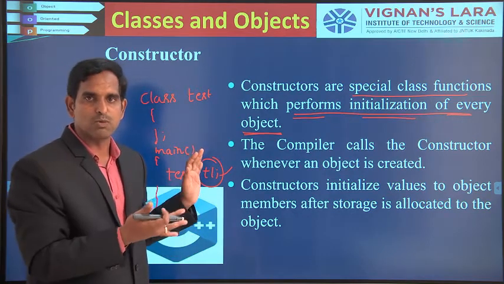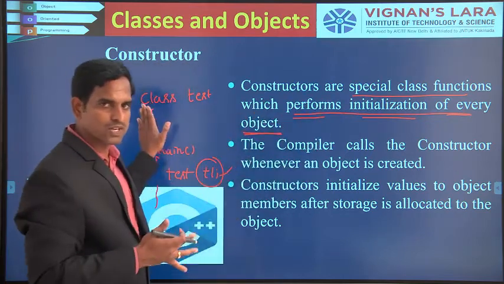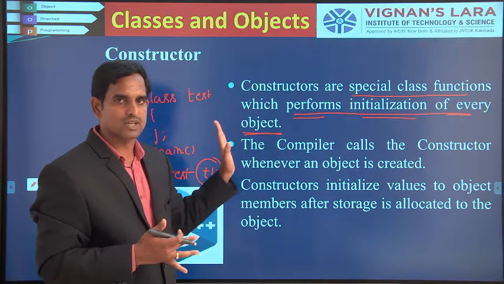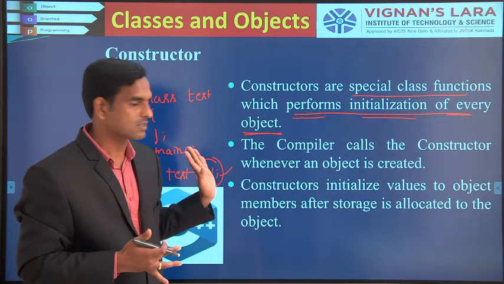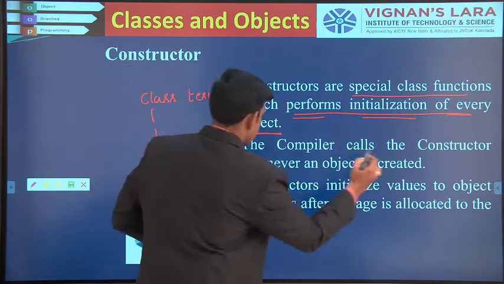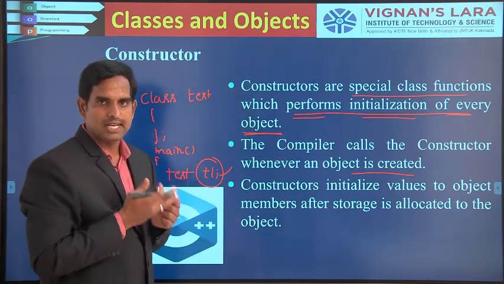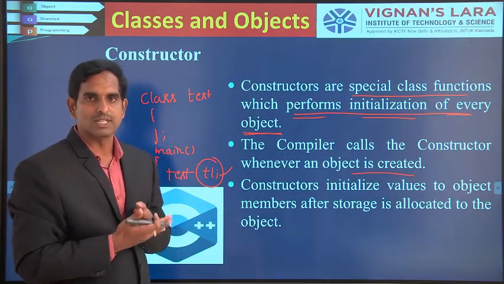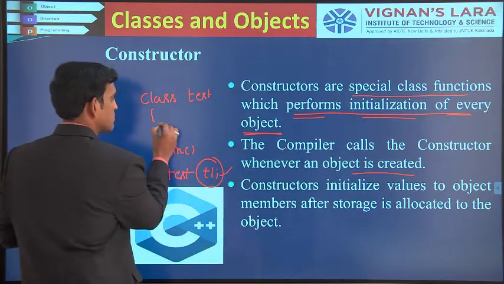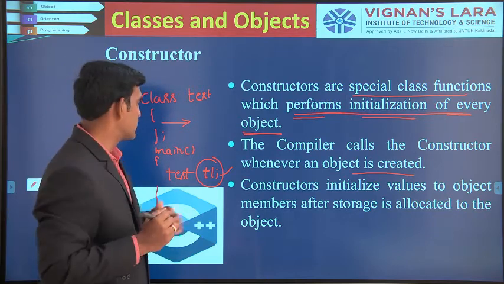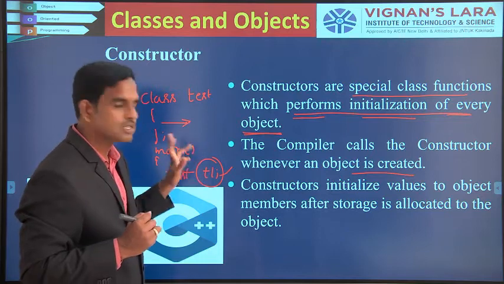You need not be concerned about too much complexity here. Just know that a constructor is a special class function that will initialize your object, that will start your object. The compiler calls the constructor whenever an object is created.